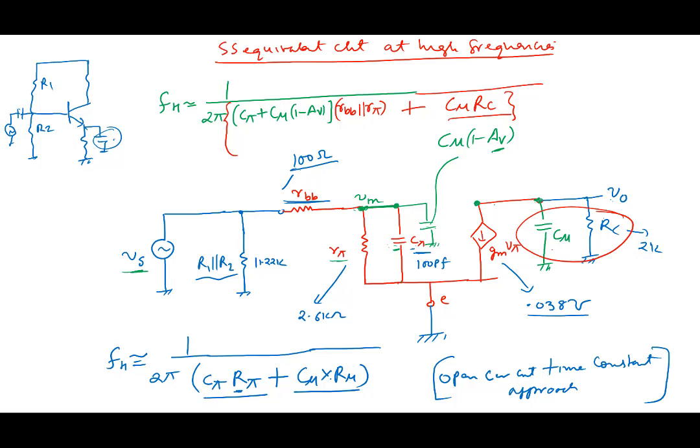The effective resistance seen by C mu is RC, and the effective resistance seen by this combination is R pi in parallel with RBB. If I had an RS here, then of course you would have had to take RS also into account: RS in parallel with R1 parallel R2, plus RBB, in parallel with this. So that's how you end up calculating the upper cutoff frequency.